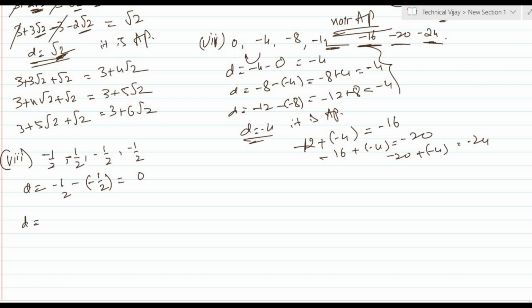Again, the next D is minus 1 by 2 minus of minus 1 by 2, so it is all 0 only. Hence the common difference is the same, which means it is in AP. Now we have to write 3 more terms, so we add zeros. So the terms are minus 1 by 2, minus 1 by 2, minus 1 by 2. Okay, we will go for the next one.